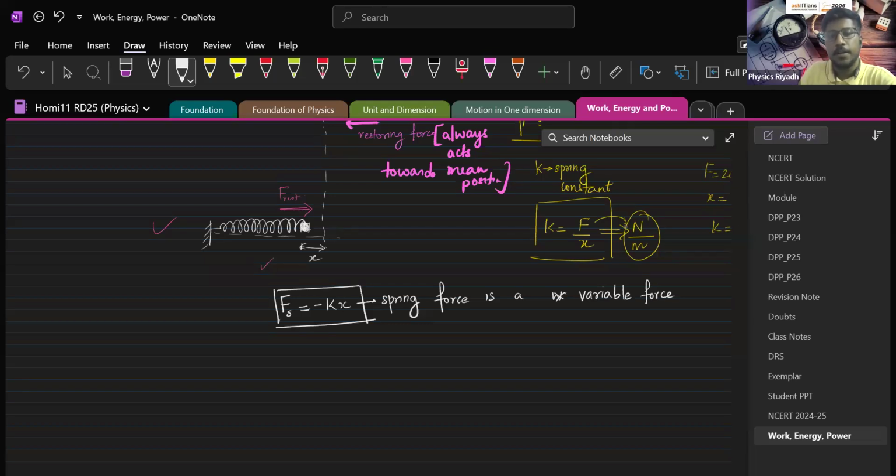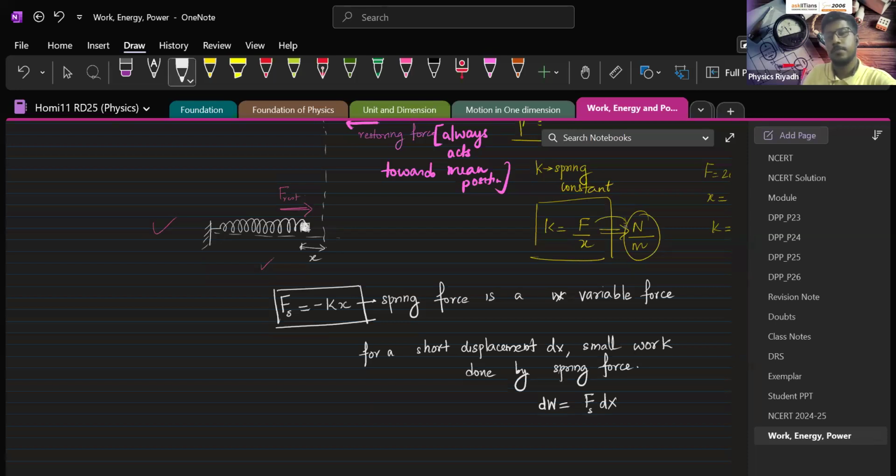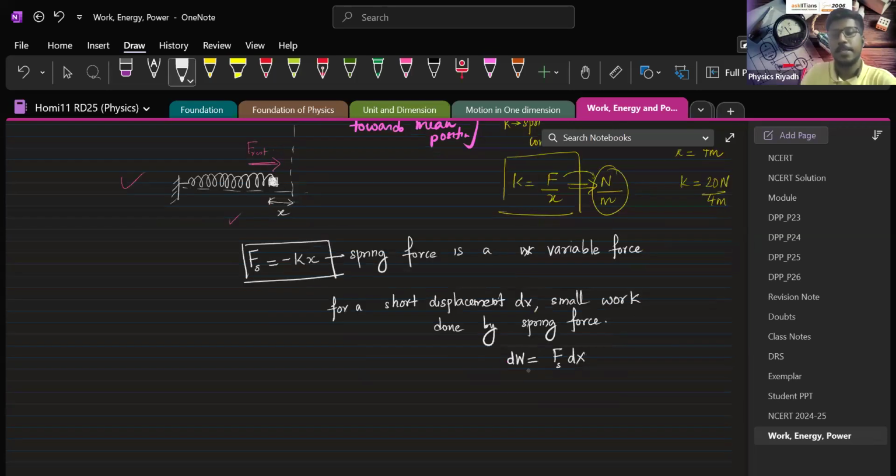For a short displacement dx, the work done by the spring force will be small: dW is equal to Fs dx, or you can say this Fs can be replaced with kx, so dW = kx dx.